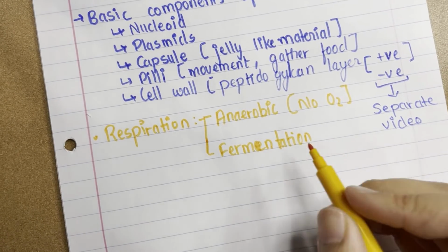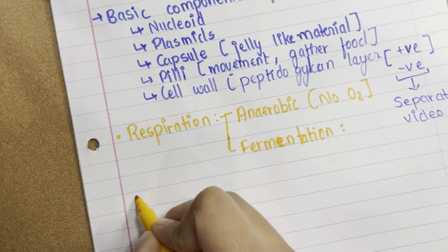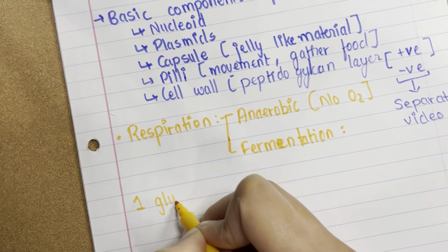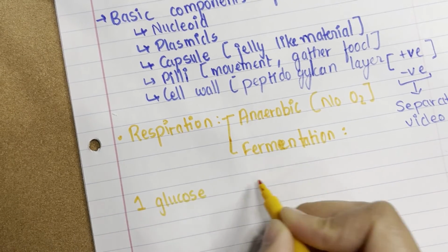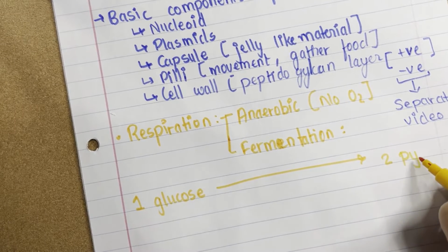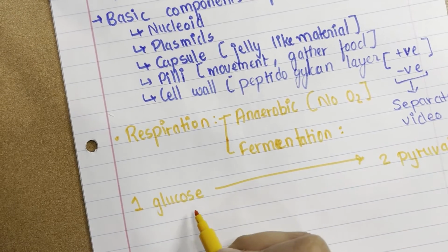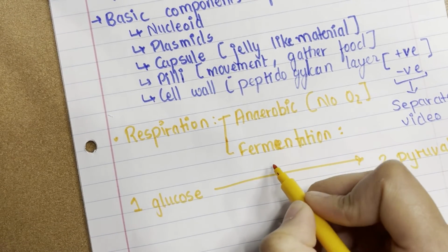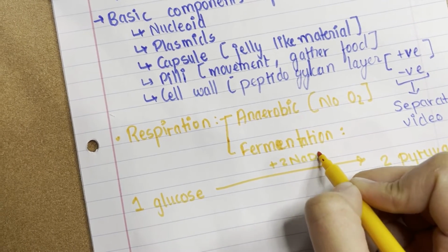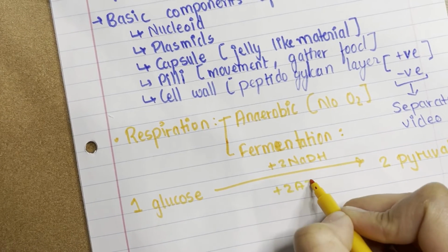So a simple definition of fermentation is taking one sugar molecule, one glucose, and converting it into two pyruvates, and while converting it, producing 2 NADHs and 2 ATP.